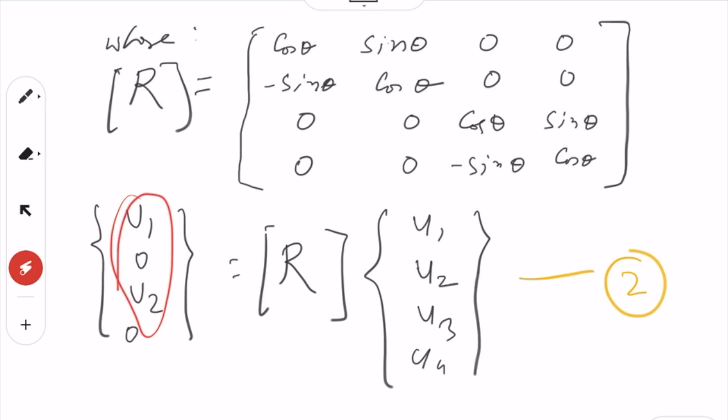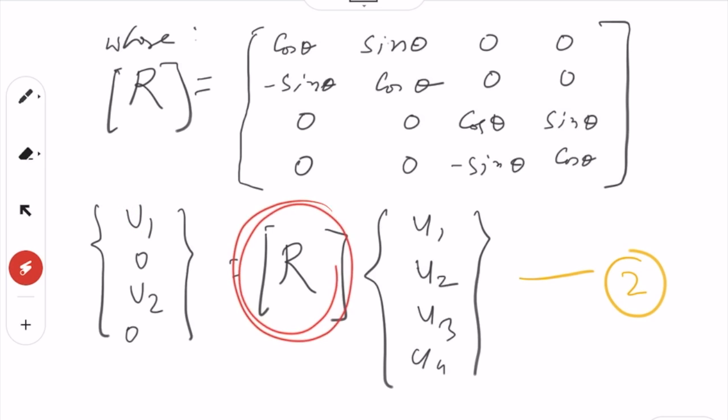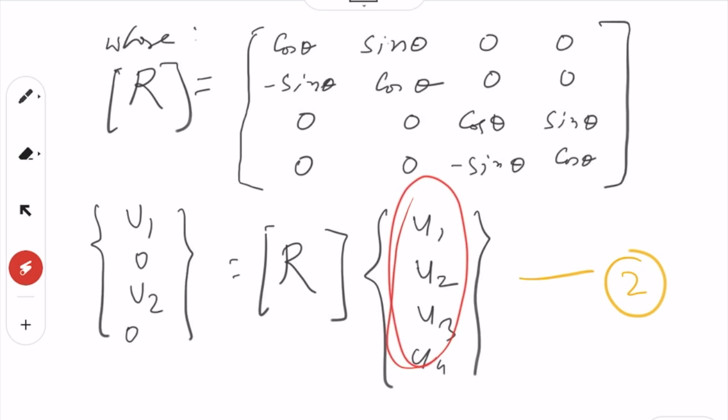Local meaning that we are just thinking about only 1 degree of freedom per node. From this system, if you know the R, they are related. So if U1, U2, U3, U4 is given, and if you want to find out, say, the stress or a strain, how will you find out?